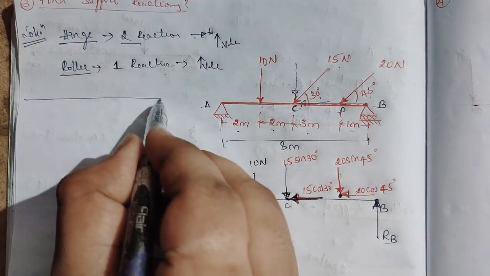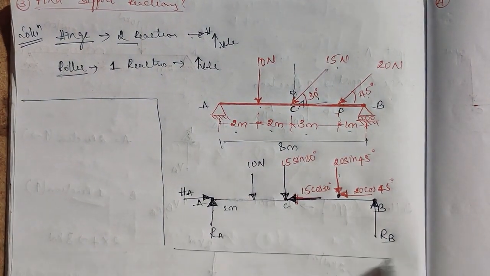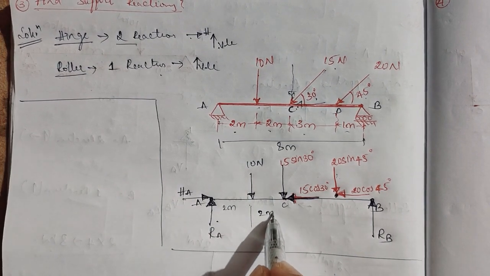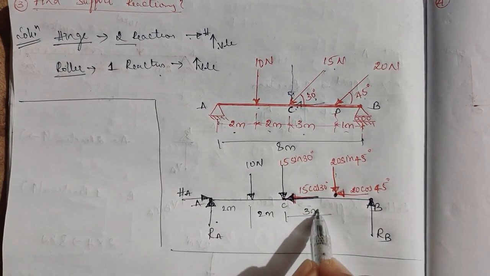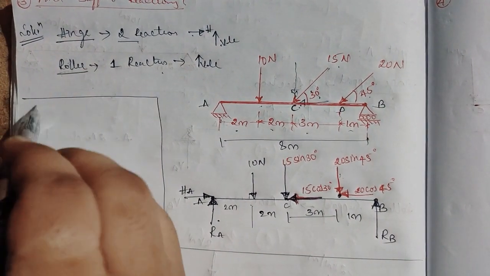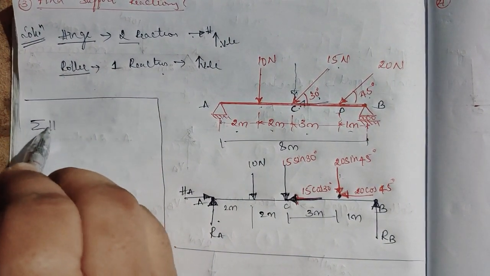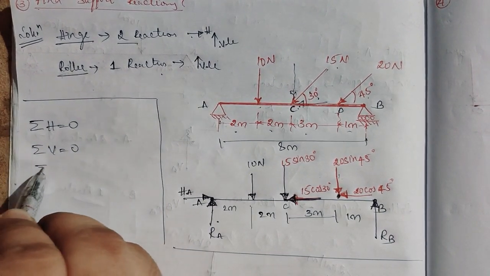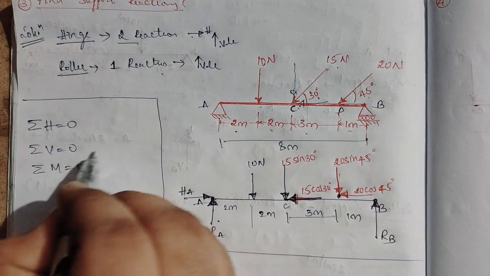Once you simplify the diagram, now apply the concept of equilibrium. This is 2 meter, this is 3 meter, this is 1 meter. What are the concepts of equilibrium? Summation of H equal to 0, summation of V equal to 0, and summation of M equal to 0.